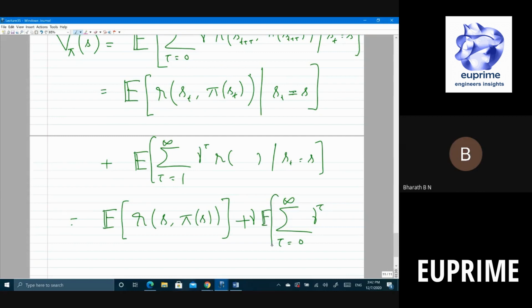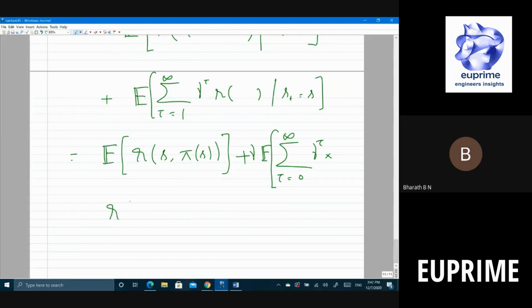This is the expected value of this times the reward: reward of s at t plus 1 plus tau, pi of s at t plus 1 plus tau, given s t equal to S. Is that fine, everyone? Is that okay?